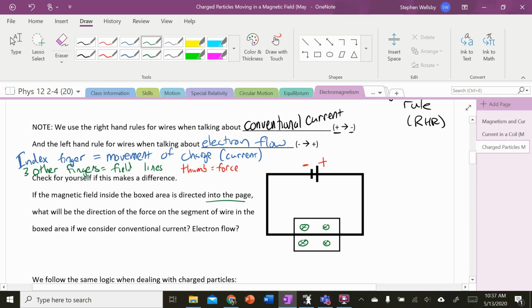Then use your left-hand rule for electron flow, with electrons moving from negative to positive. Point your left index finger in that direction, your three other fingers represent the field lines into the page, and your thumb will tell you the force. Pause the video now and see what you get for both answers.